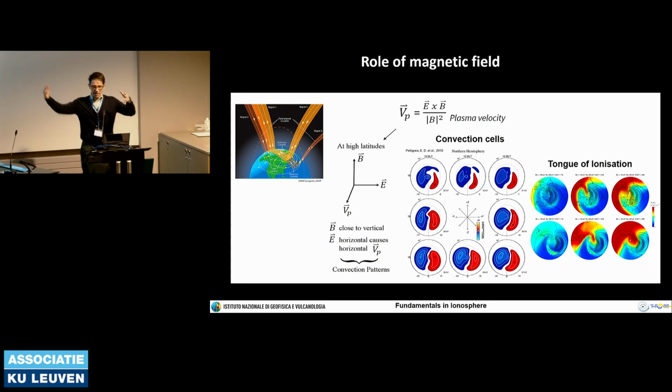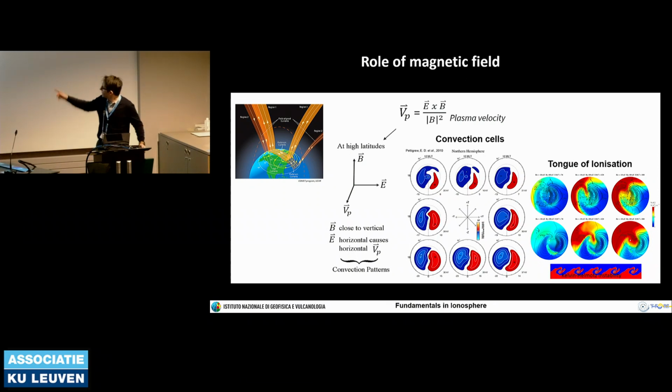Mainly particles enter in the day-side sector, and they start to migrate, cutting into the polar cap, and create this large-scale structure of the ionosphere that you will see again when we talk about irregularities, which is called the tongue of ionization.